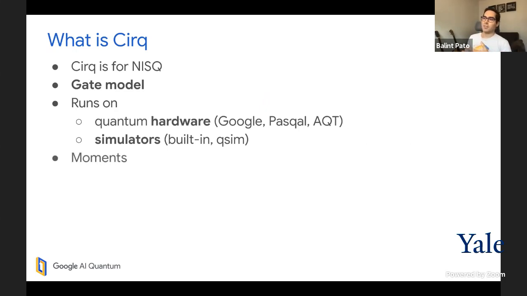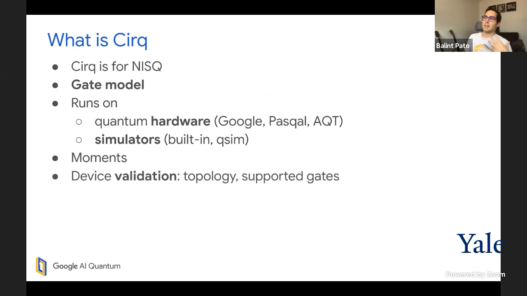That's the concept of moments that we're going to talk about. You can express device constraints and validate topology and supported gates, so validate whether circuits are according to a given topology or have gates that are supported by the given runtime. And finally, it is built using the most popular scientific programming language today, Python.